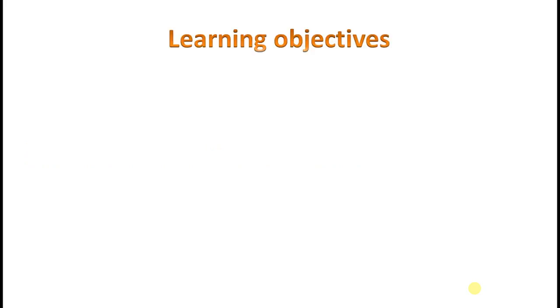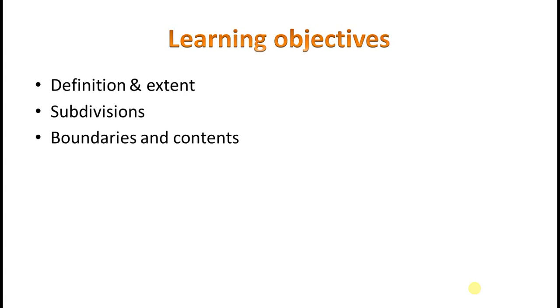So our learning objectives for today's session will be mainly about the definition. What actually is the mediastinum, and what is its extent? How far does it extend? Then the subdivisions of the mediastinum, and then the boundaries and contents of the mediastinum.